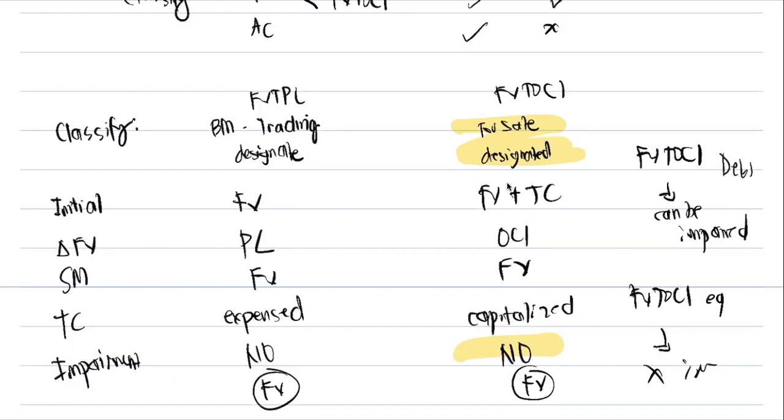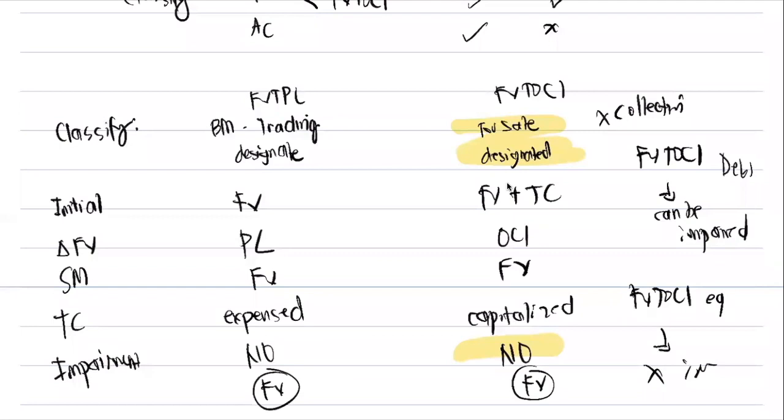Pansinin nyo. Doon sa classification natin, una pa lang sinabi ko, there's no collection. Hence, you cannot now impair the collection. Kasi nung una, sa debt natin, nag-i-impair tayo kasi may collection of contractual cash flows. Baka magbago yung collection natin. Dito, hindi na tayo mag-impair kasi nga, wala nang collection, wala ka nang i-impair. At saka, naka-measure na siya at fair value.